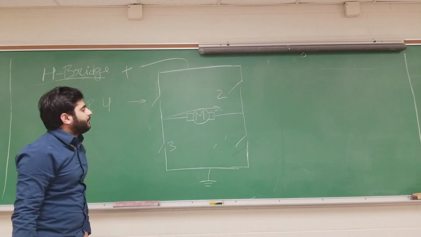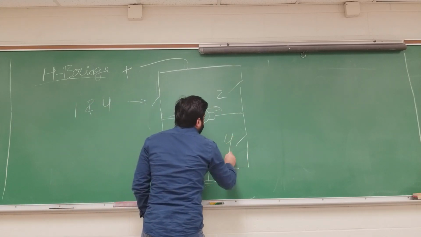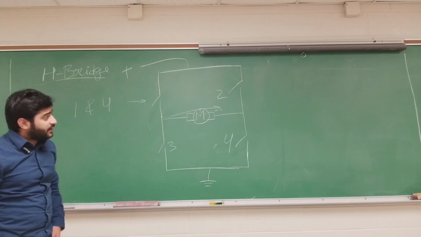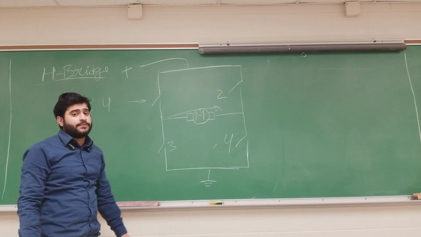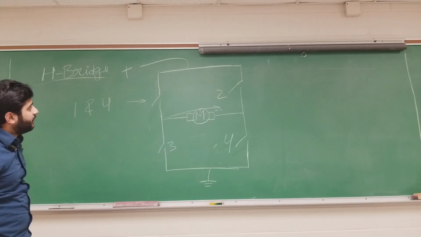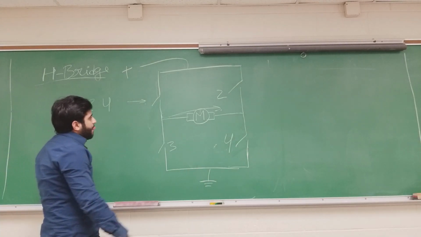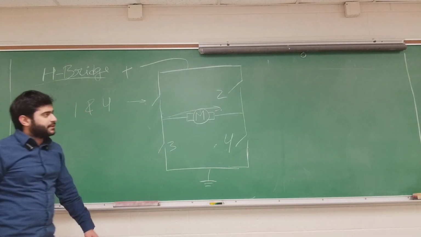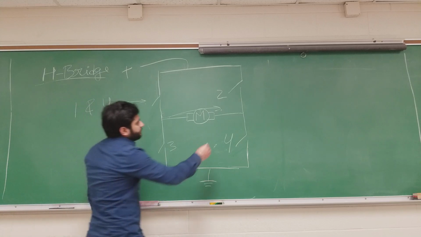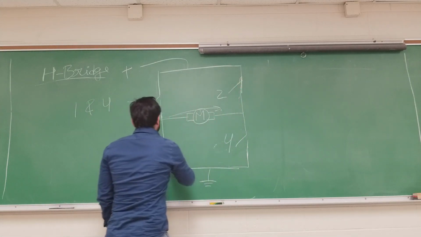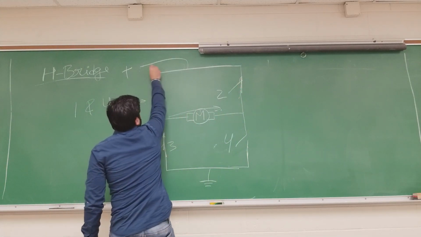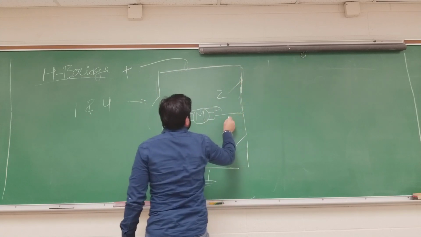Now if, instead of having the current flowing in this direction, I want the current flowing in another direction, what I will do is short switches 2 and 3. I'll go ahead and do it. So current will start flowing from this direction.